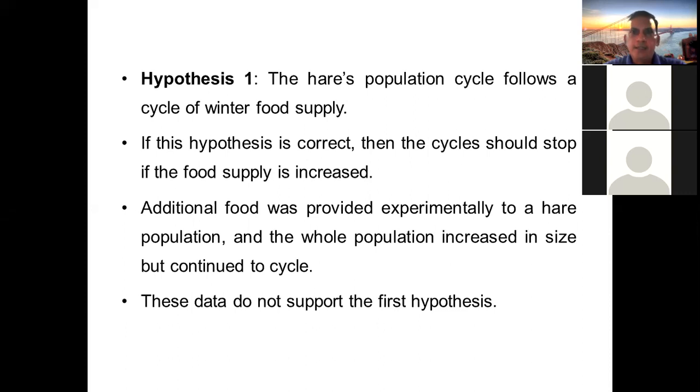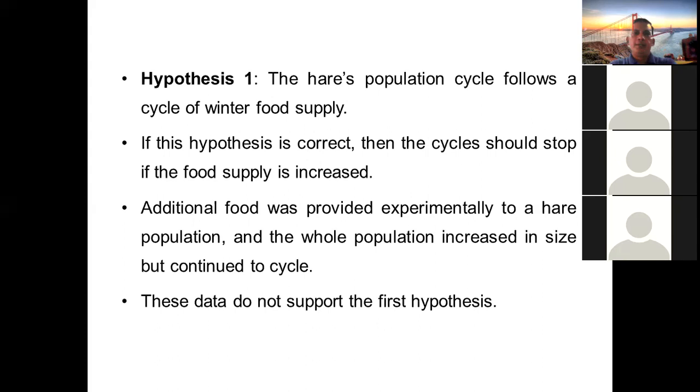There is a clear-cut differentiation between the weather conditions: there's winter, summer, spring as well as autumn. Now if there is a change in the season, that would dictate the availability of the food. So it was speculated that in the winters, the availability of food is changing. Because of this availability of food, the hare population is changing.